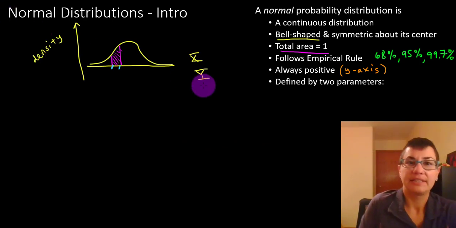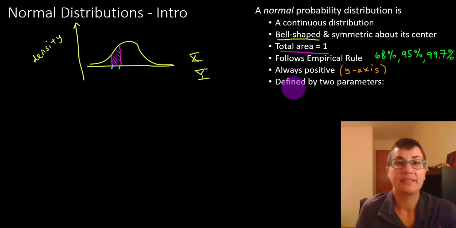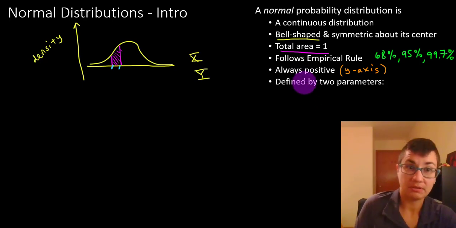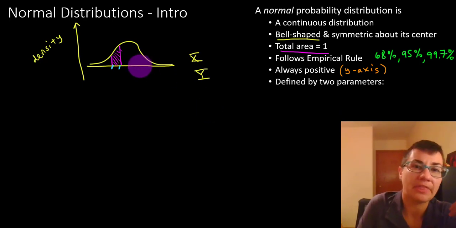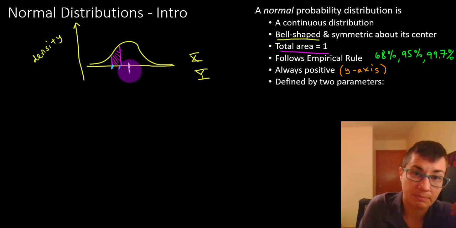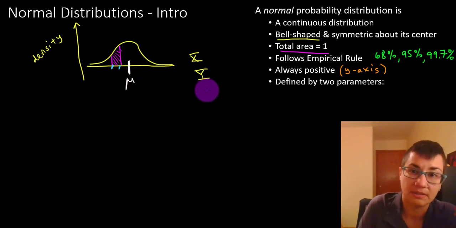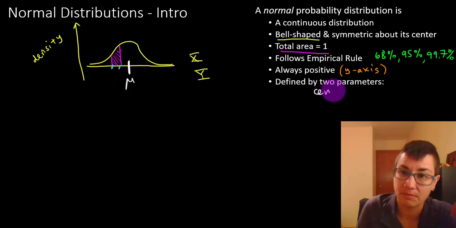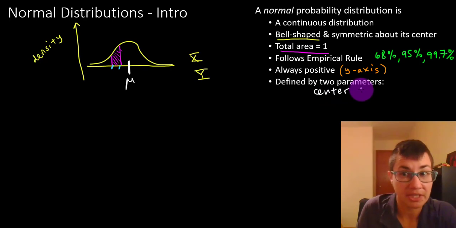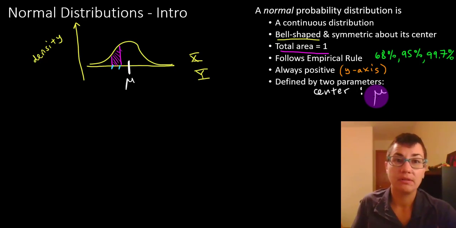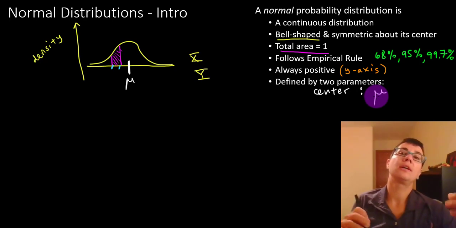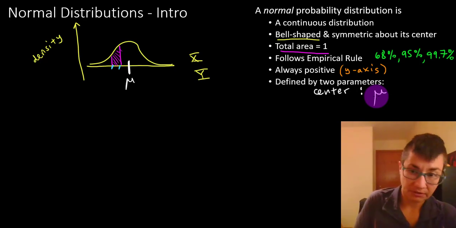Lastly, the way that these normal bell-shaped distributions are defined, they are defined by where is the center, which is, because it's bell-shaped, we use the mean, and how spread out is this distribution about its center.